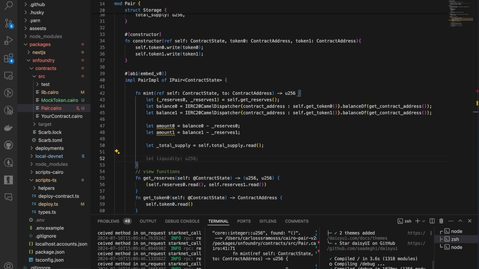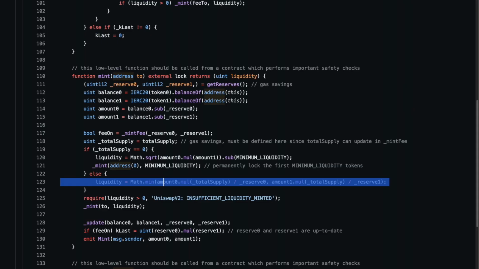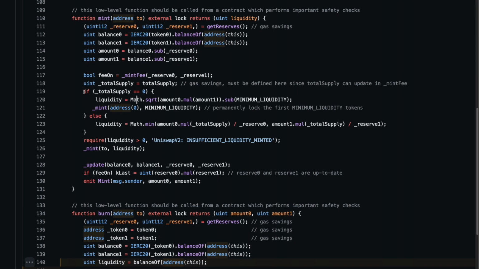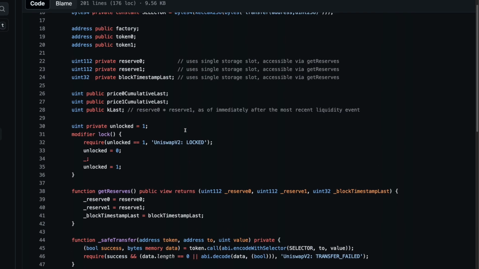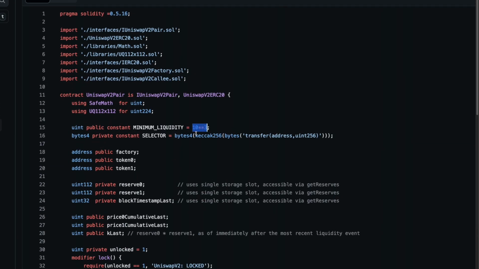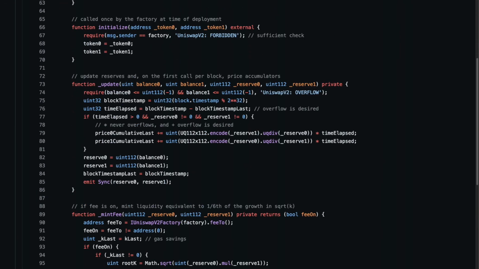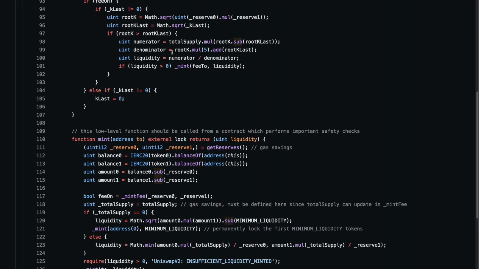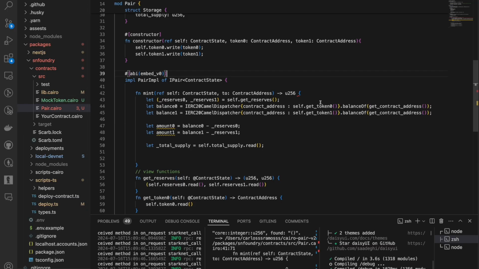The next thing we will do is we need to consider the edge case that we mentioned before, the if and else of when the total supply is 0. So we need to burn the minimum liquidity. This is a constant number that is equal to 10 to the 3. Okay, so let's go to the mint and let's write it down.